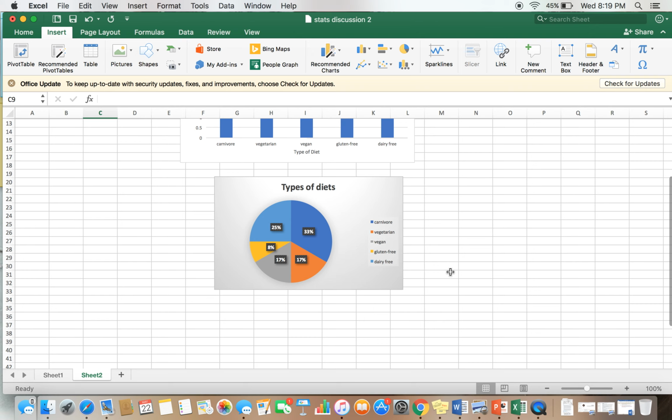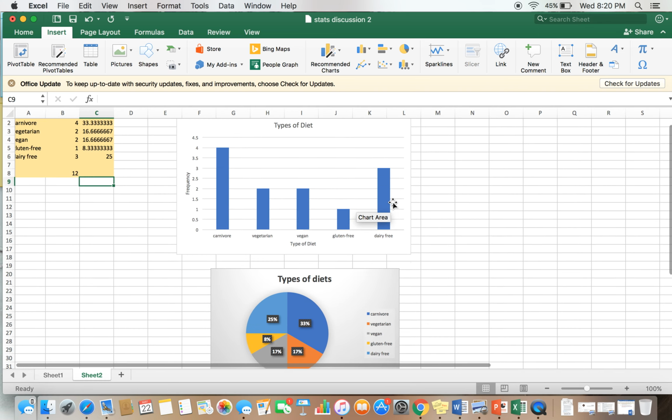Some cons: you don't know what the sample size is in either of these, but specifically in this one, if I'm only working with 12 people, how do you know the difference between 12 and 1200, you know? So it can make sample sizes look bigger than they are, or smaller than they are, really. And then you can't observe too many trends at once, or else it would just get too crazy. So this is 5, and that's really as far as I would want to go with this.